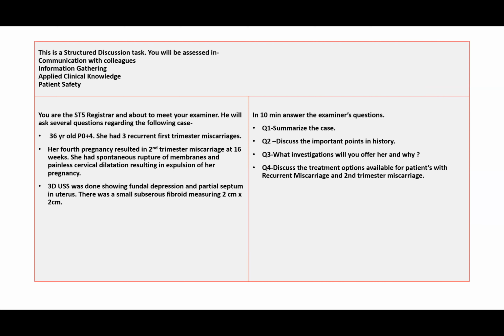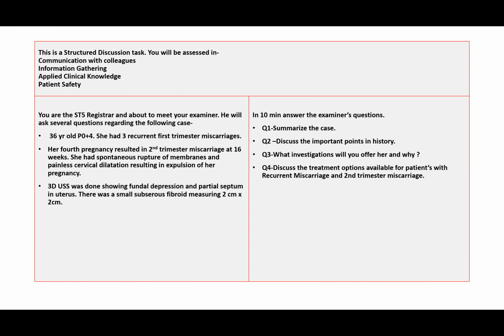Then I will offer her thrombophilia screening: factor V Leiden mutation, factor II prothrombin gene mutation, protein C and protein S deficiency. If her symptoms suggest, in that case I will offer her diabetes screening, serum prolactin level, and thyroid function test.